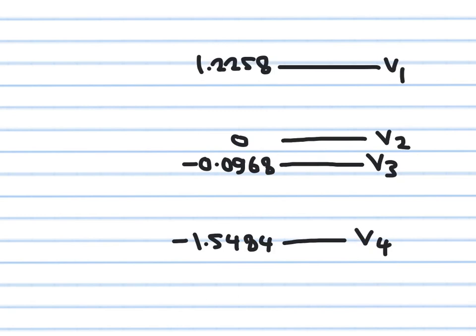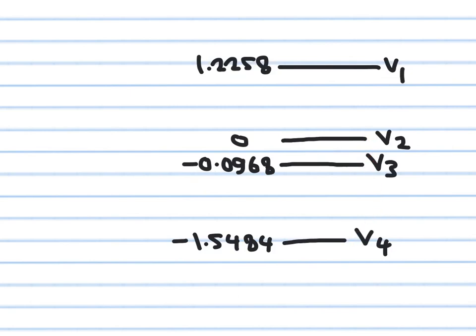What if I select V1 to be 0? If I go to node number 1 and make it ground, all the three solutions I'm going to be getting will be negative. So you can see that the relative voltage between one and the other did not change. It's just these absolute numbers that changed because we are now taking a different reference. But the difference between this one and this one, or this one and this one, is still the same.